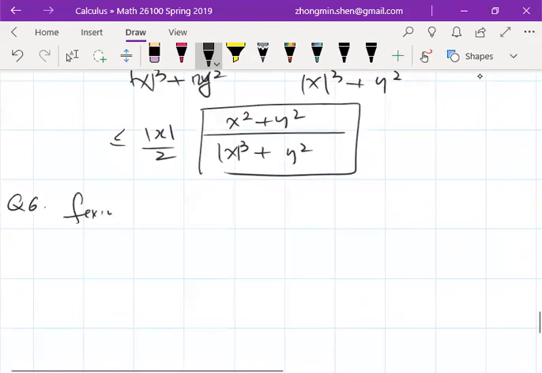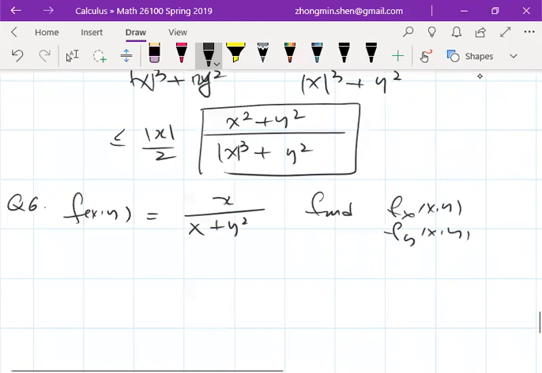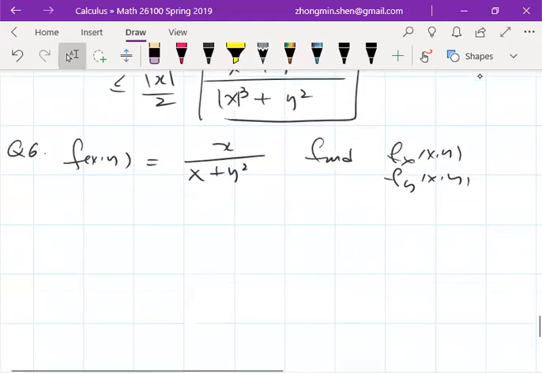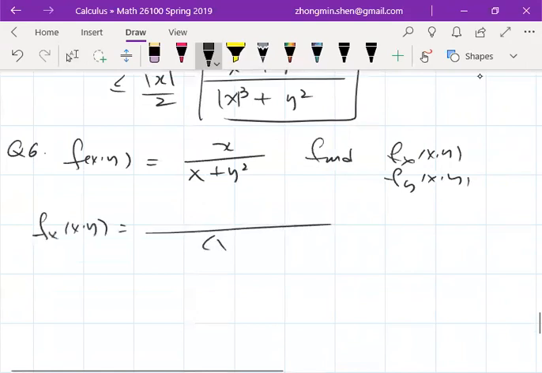Given f of x, y is x squared over x plus y squared, find just the partial derivative. This is pretty straightforward. All I have to do is use the quotient rule. Be careful. The denominator is going to be x plus y squared.